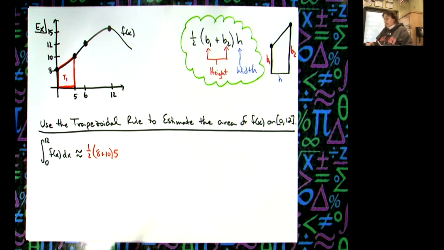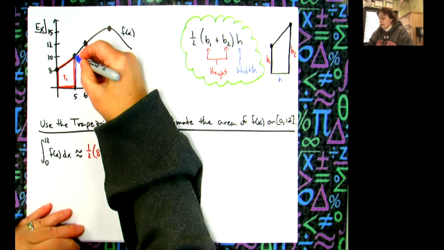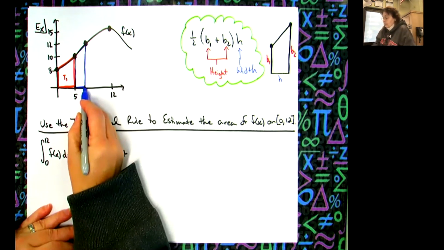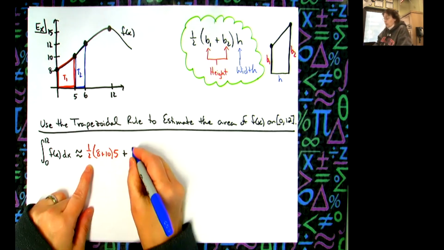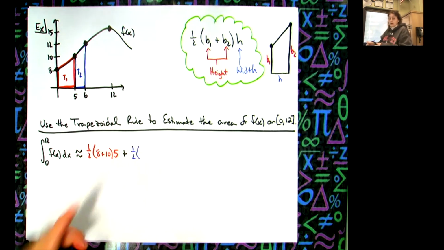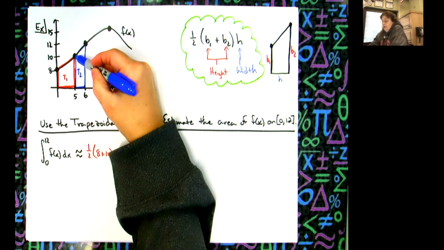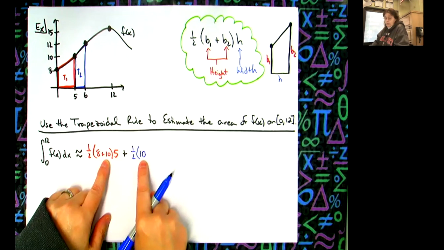Then I'm going to add to that the next trapezoid. Let's put it in blue. The next trapezoid is going to be here. So there's my second trapezoid. It's always 1/2. Sum the heights. This height is a height of 10. See, there's that number getting used twice.